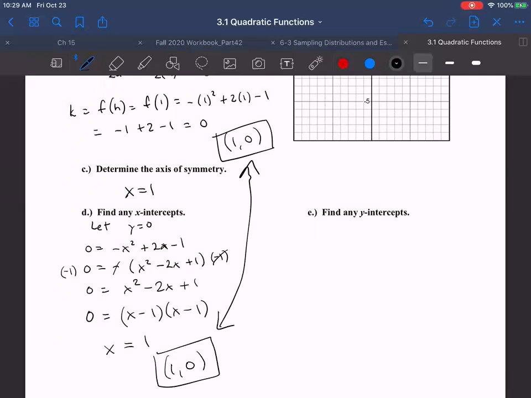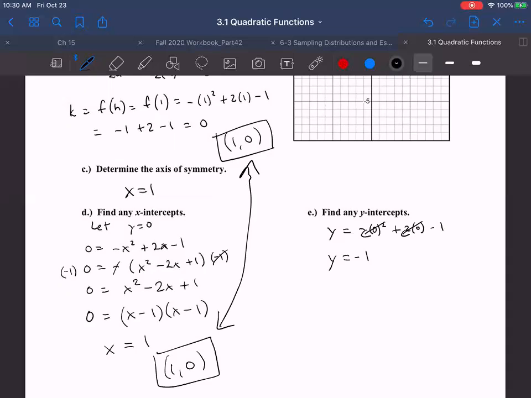So now we can find any y-intercepts. We do this by letting x equal 0. So this will be negative 0 squared plus 2 times 0, and then minus 1. This is a 0, this is a 0, and we end up with just y equals negative 1. So here, it's different. In the previous one, we got y equals 1.